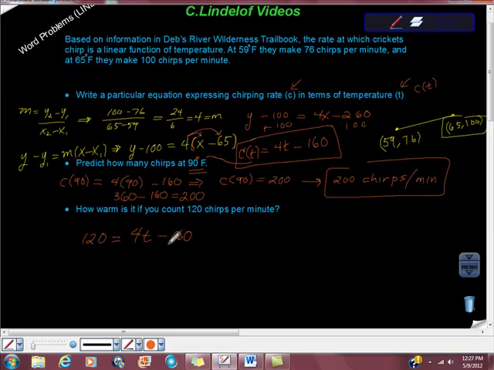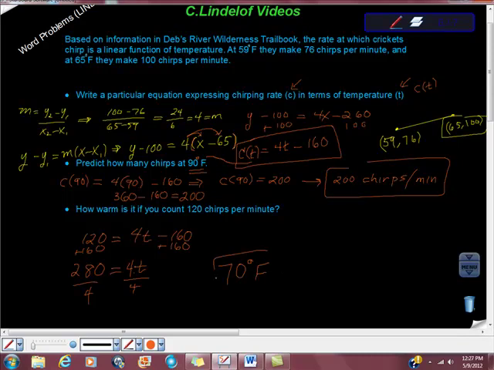I'm going to add 160 to both sides, so we're going to get 280 is equal to 4t. I'm going to divide both sides by 4, and I'm going to predict that it's going to be 70 degrees Fahrenheit. So there's our answer. All right.